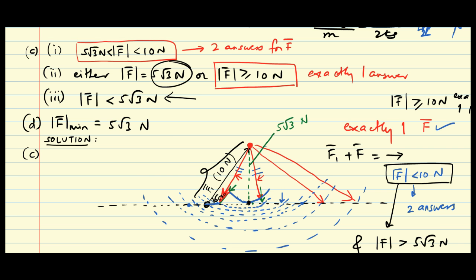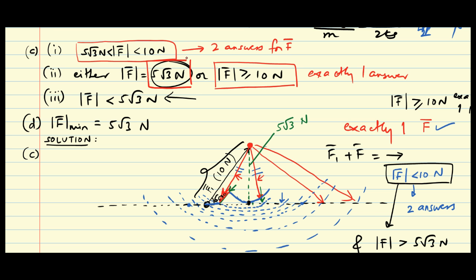But now we have suddenly come up with another possible condition for us to get exactly one answer for f bar, and that's the condition mod of f bar is exactly equal to 5√3 newtons.